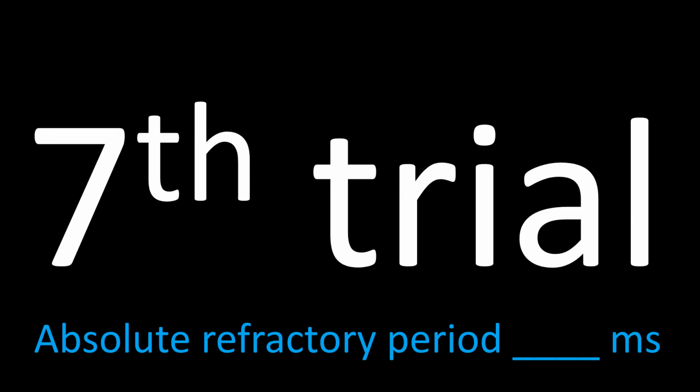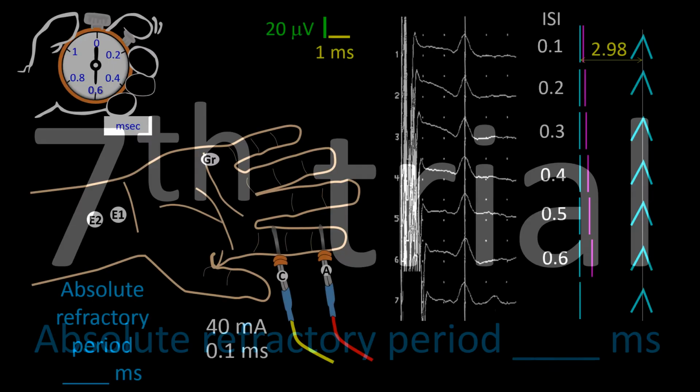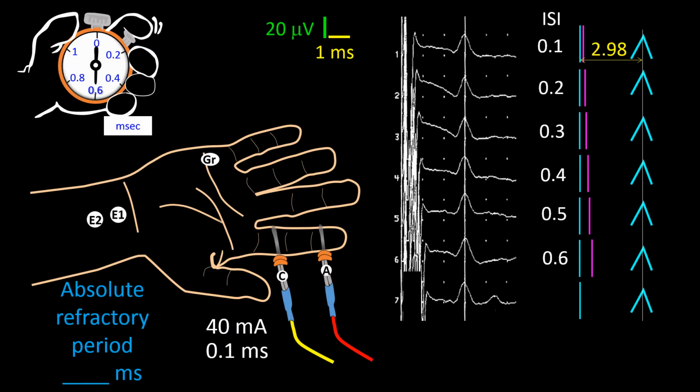Now we come to the seventh trial. Parameters and responses of the first stimulus are the same. The second stimulus is now given at 0.7 milliseconds after the first, but now a small wave is present in the tracing as indicated by the arrow, and schematically reproduced as a magenta wave.